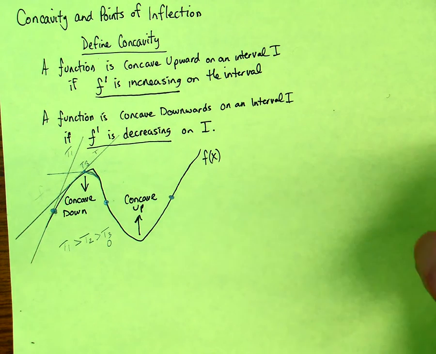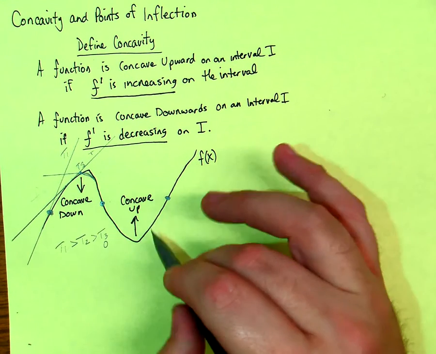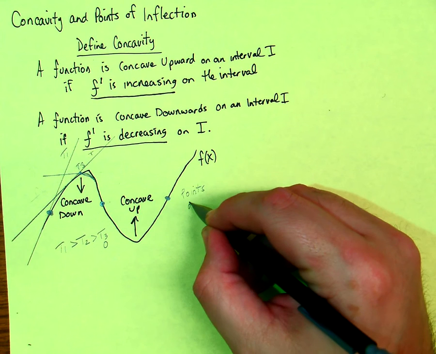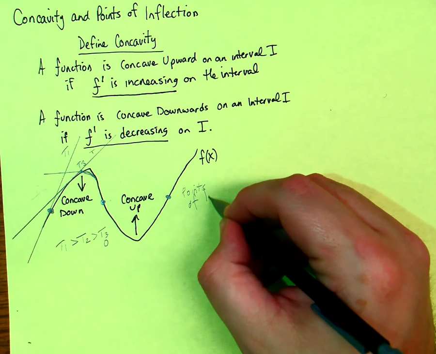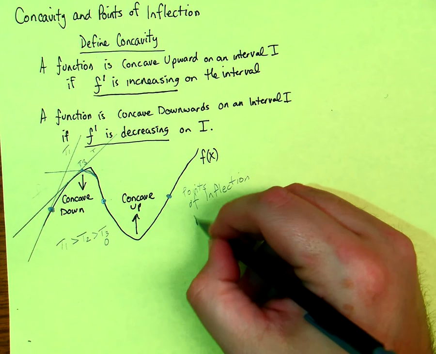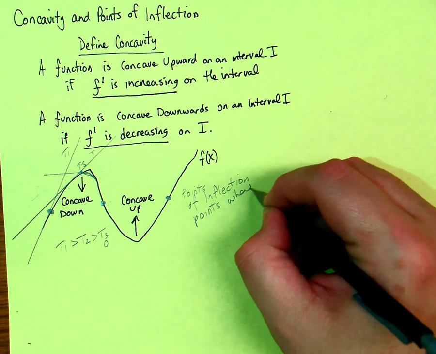Now, kind of in the middle between a maximum and a minimum are what we call points of inflection. And that's points where concavity changes.